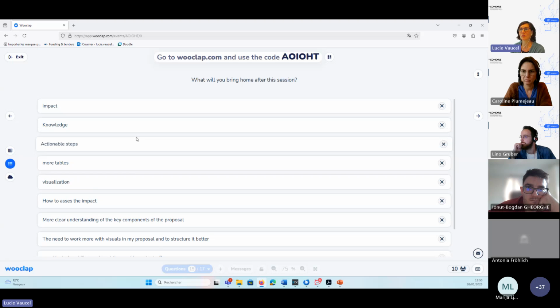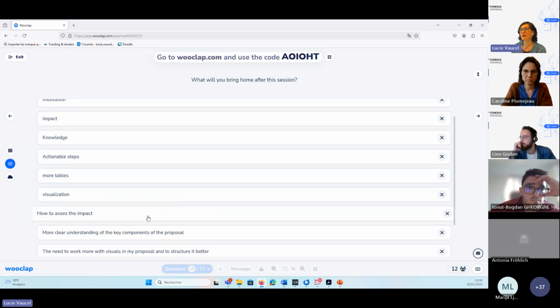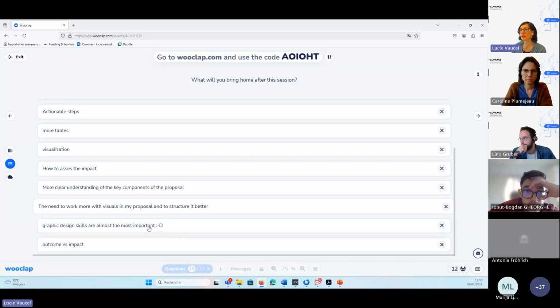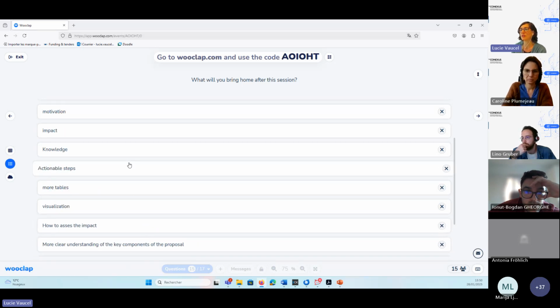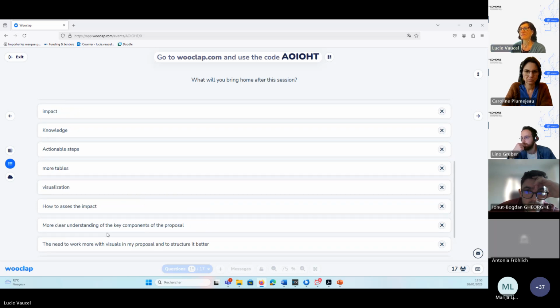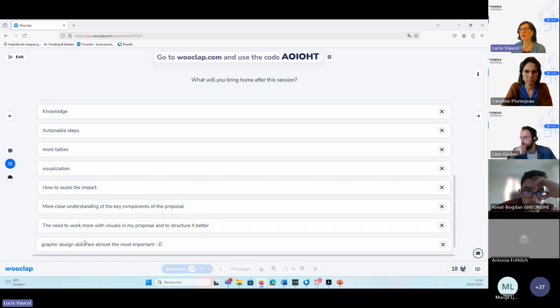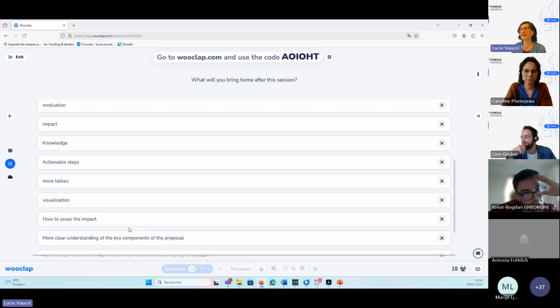Knowledge, actionable steps, impact, more tables, visualization, how to assess the impact, more clear understanding of the key components of the proposal, the need to work more with visuals in my proposal and to structure it better, motivation, okay, graphic design skills, outcome versus impact. Okay, that's great if you get back with that. Graphic design skills are almost the most important. Yeah, okay, great.